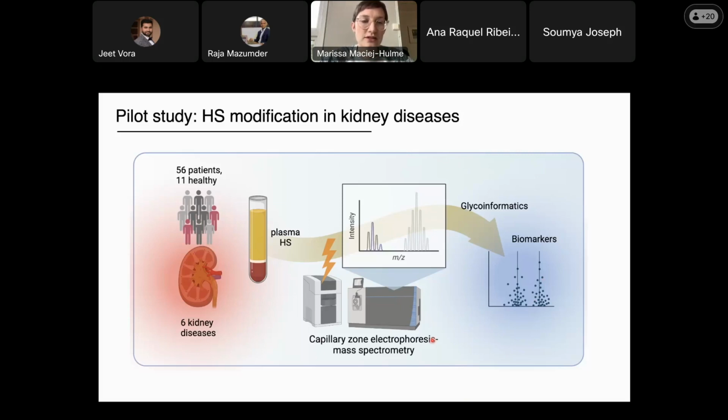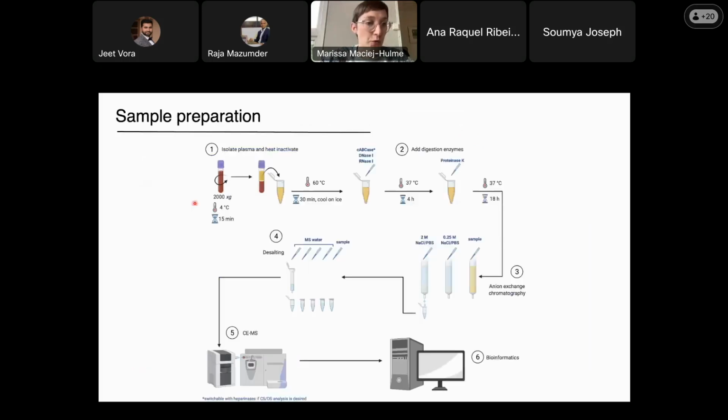So this is the overview of what we wanted to do, and we had to develop some of this technology here to go forward when we had this many samples. To prepare our samples, we isolated the plasma from the blood, and we digested pretty much everything else away.